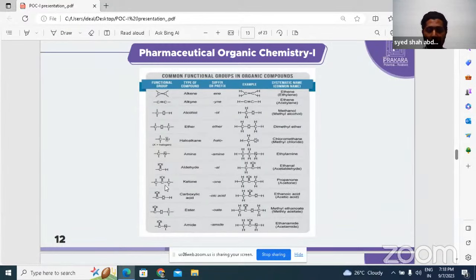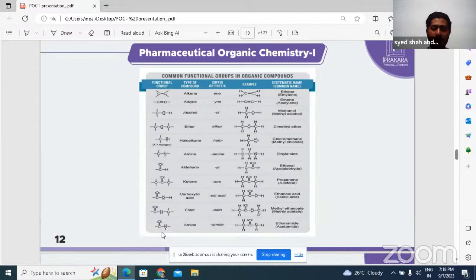So we have ketone, another functional group, and then carboxylic acid, in which we give the suffix "oic acid". An example is mentioned here, ethanoic acid, and ester. Okay, so that is alkyl alkanoate; methyl ethanoate is the name for this example here.